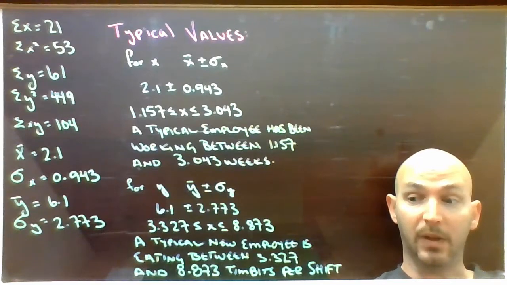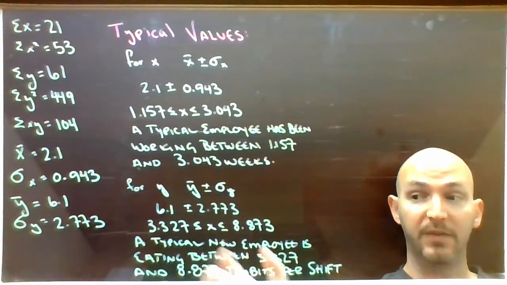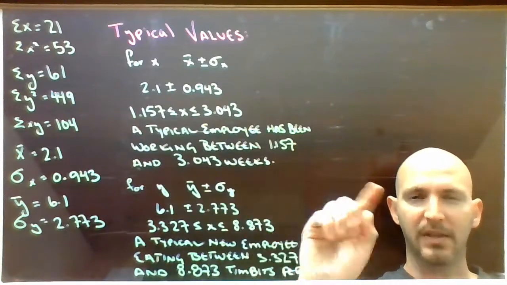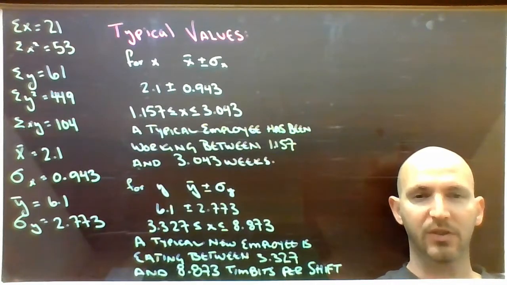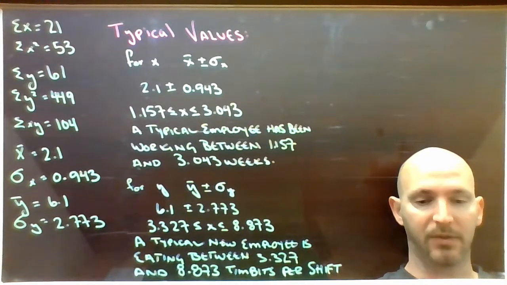So I'm going to record these ranges because we will need them later when we do extrapolations and interpolations to decide whether we've gone beyond this value and beyond this value so that we're outside of a typical range. Once I've got that done, we're going to talk about the outlier boundaries.